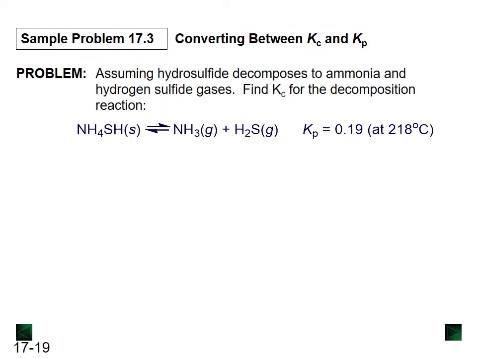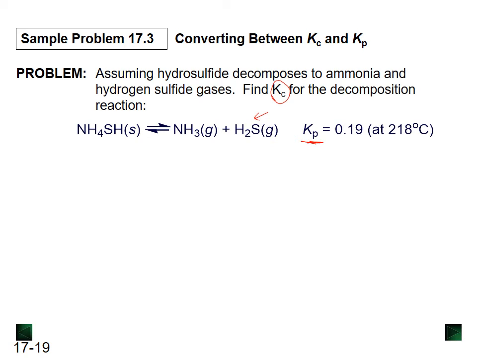Let's look at sample problem 17.3. In this question, we have the equilibrium constant in terms of partial pressure, Kp, for this reaction, and we want to find the equilibrium constant in terms of concentration, Kc.